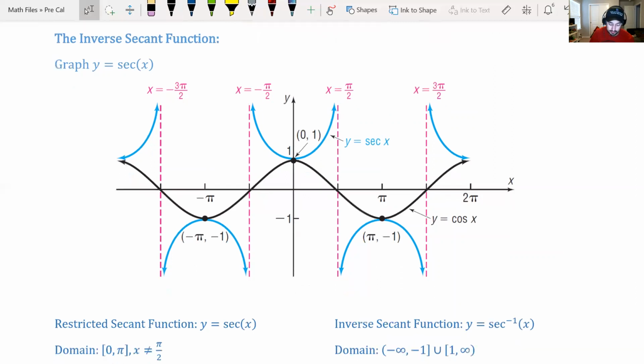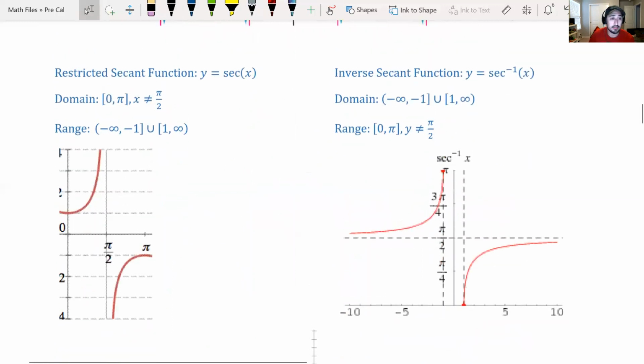Okay, so back to it. So on the left side, the domain for secant is 0 to pi, where x cannot equal pi over 2 because that is a vertical asymptote, and the range is from -infinity to -1 and 1 to infinity. Now, for the inverse secant function, you see there on the right side, y equals the inverse secant of x, and remember when you find an inverse, your domain and range switch places.